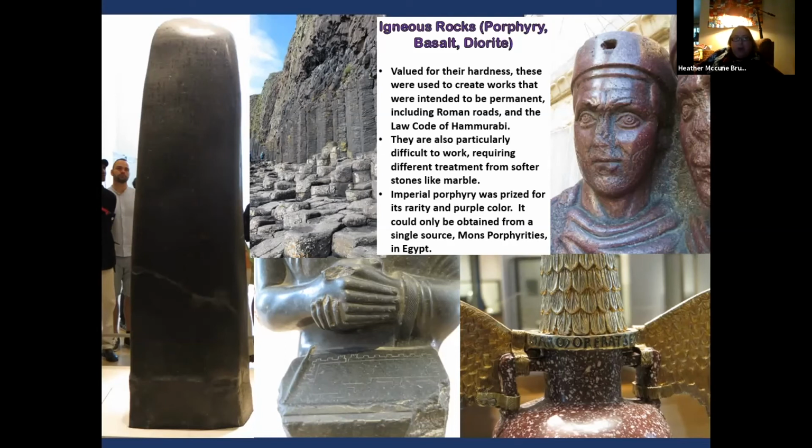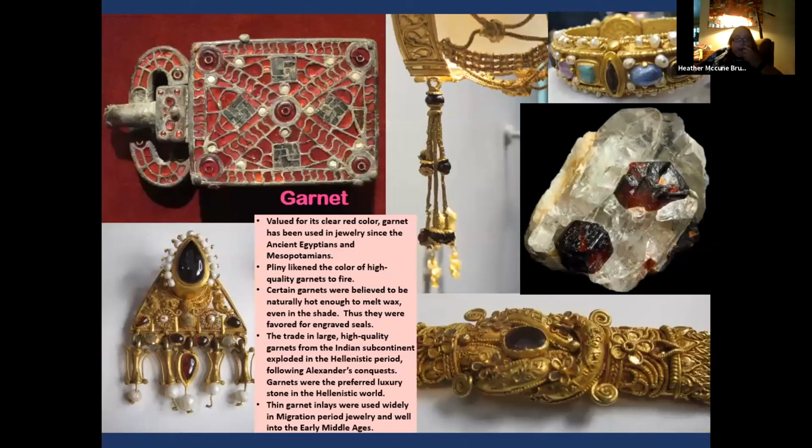We move into garnet, which comes primarily from Rajasthan in a trade route that opened up first during the conquest of Alexander the Great, and floods into the Greek world and was in use well into the 7th or 8th century.